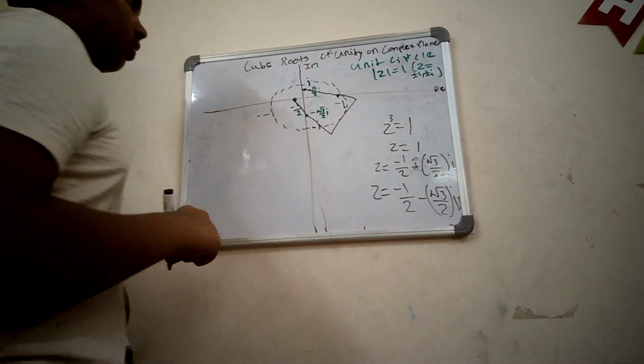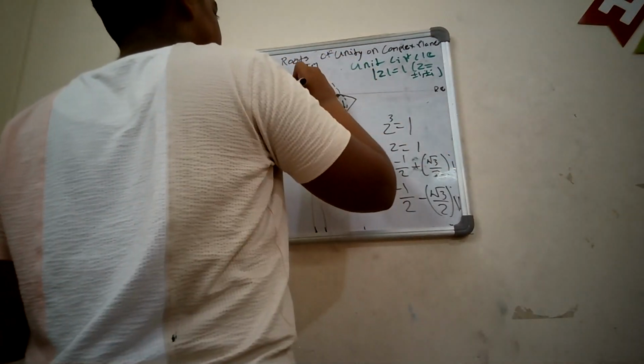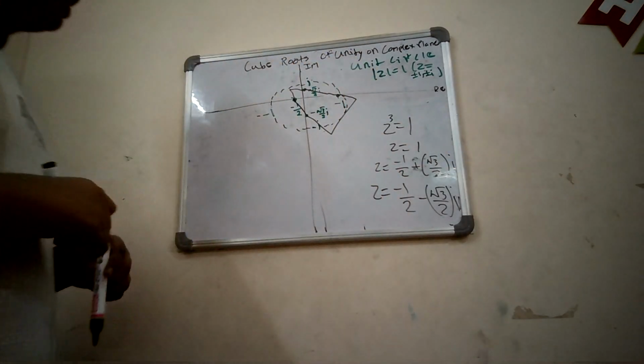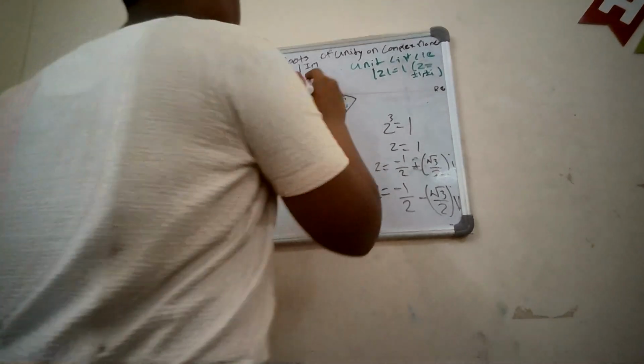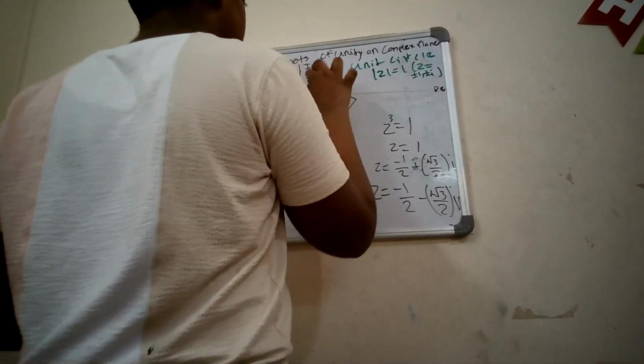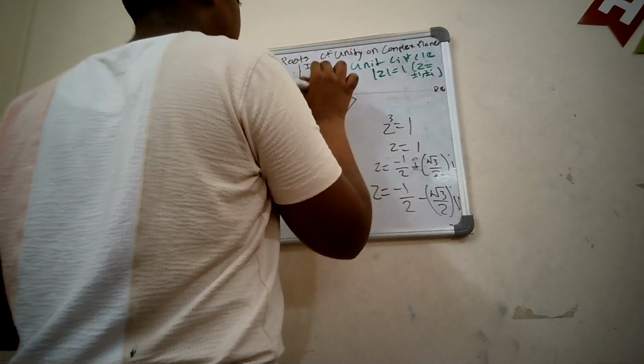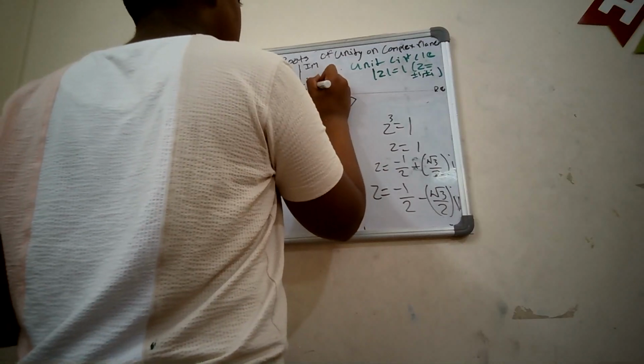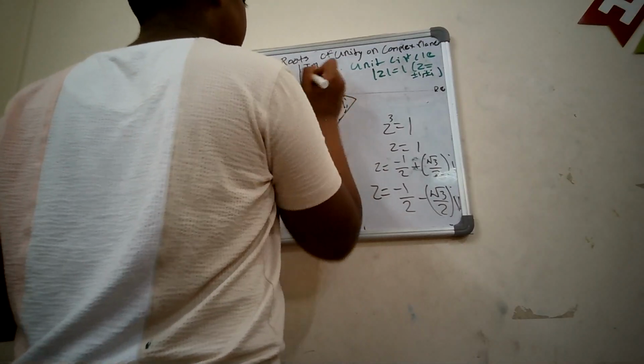Like this. So we kind of made a triangle. We connected the points. Also, this is the square root of 3 upon 2i.